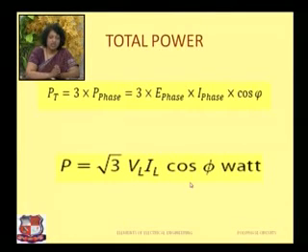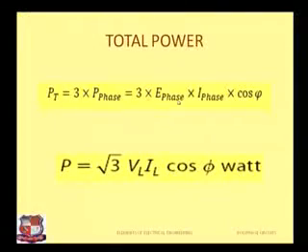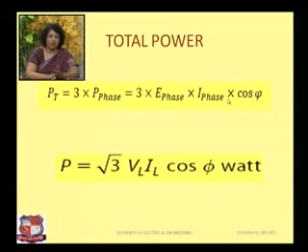As we have studied the phasor relations, the relations between phase voltage and line voltage in star and delta both, and phase current and line current in star and delta both, just by putting the values of E_ph and I_ph in star or delta connection, we can calculate the total power. Finally, the expression is the same for both, that is √3 V_L I_L cos φ watt.